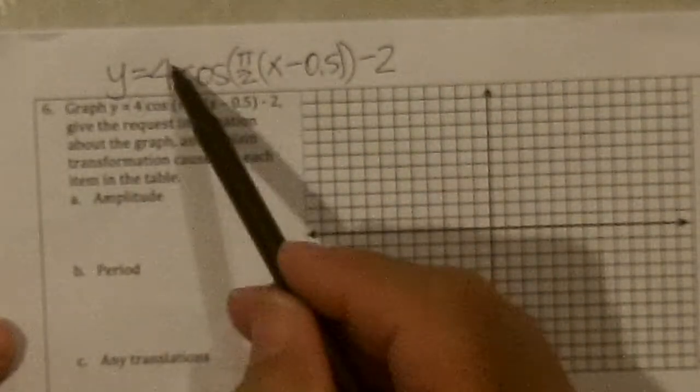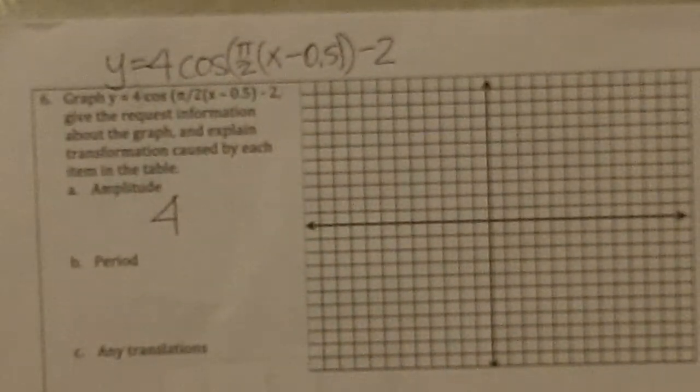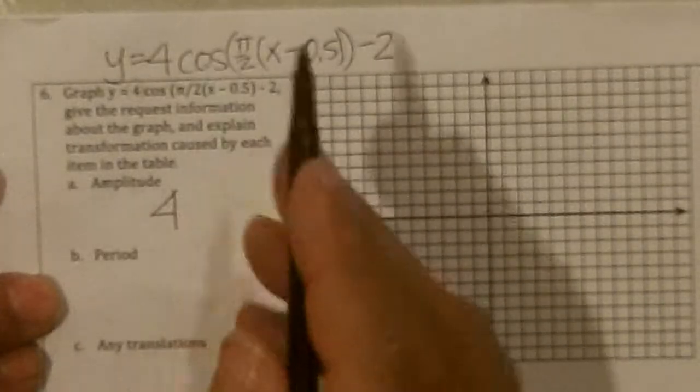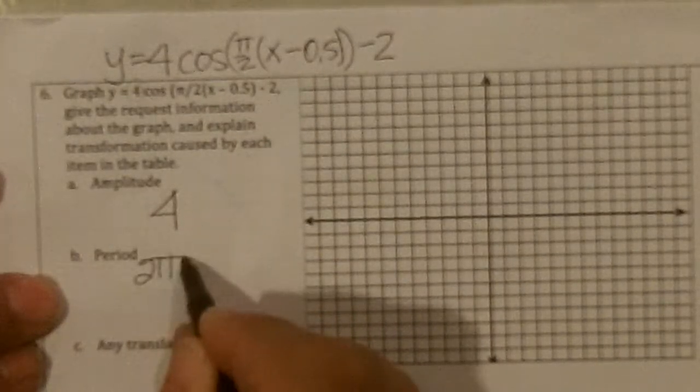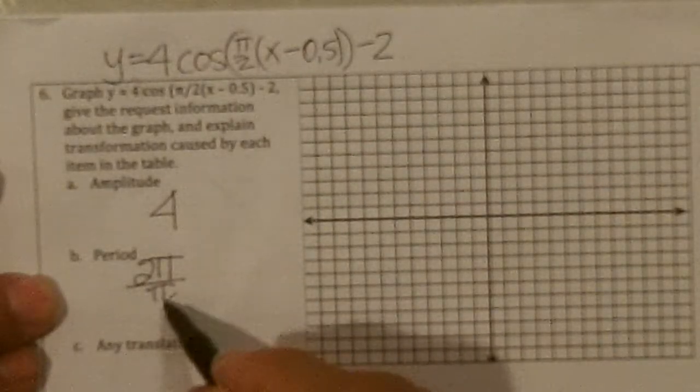The amplitude is the absolute value of the number in front, so it is 4, and most of you got that. The period, for cosine, is 2 pi divided by the number in front, which is pi over 2.